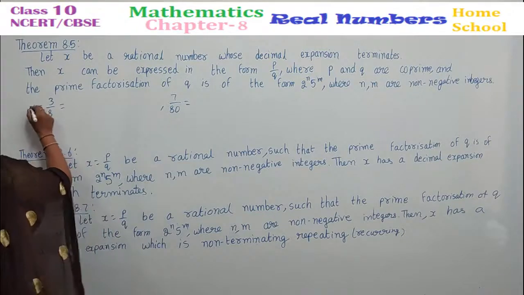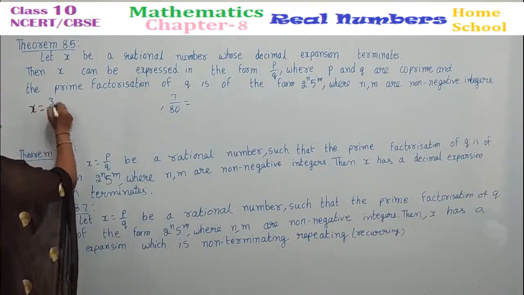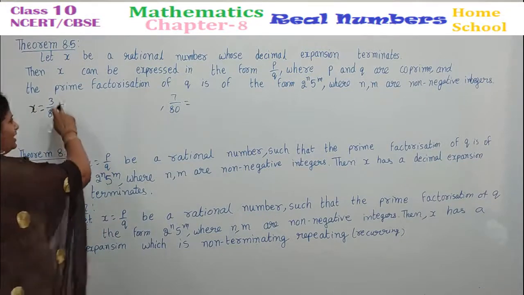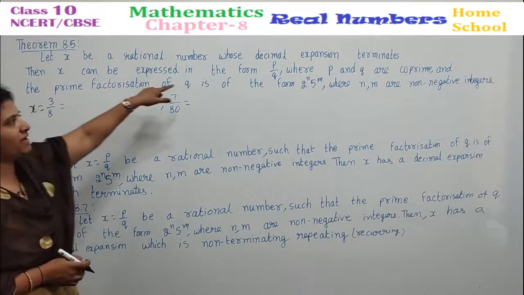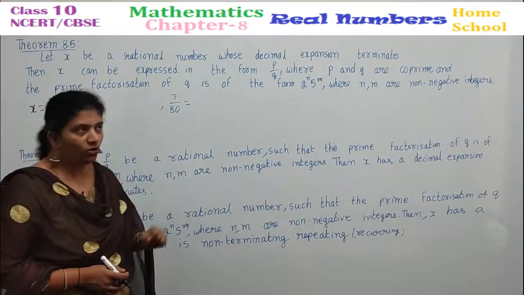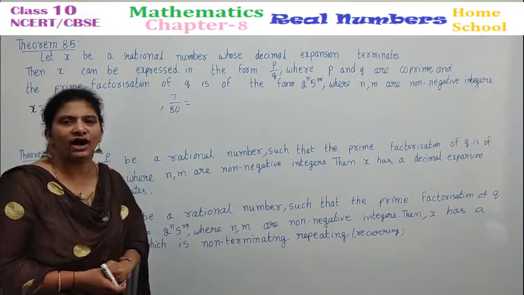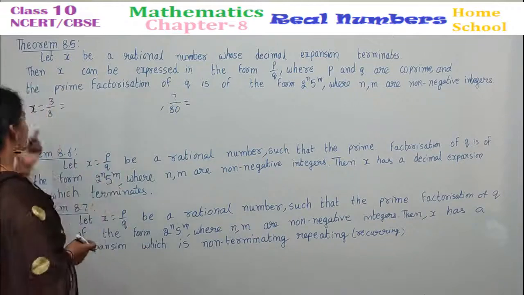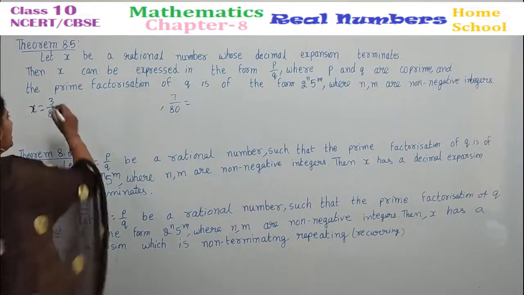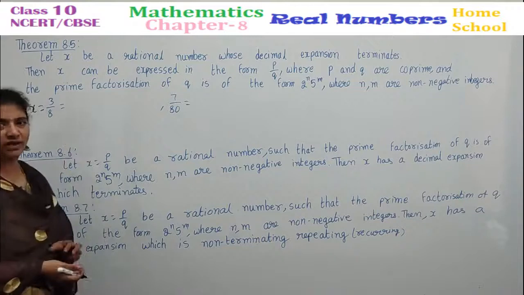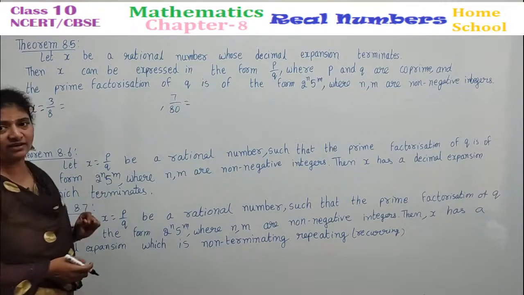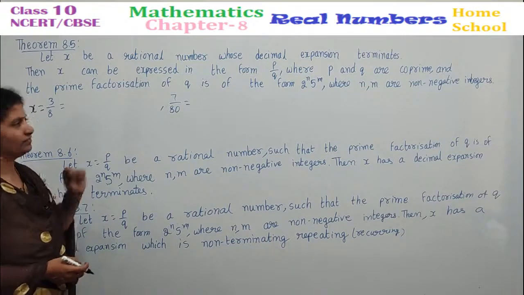Suppose let me take here x is equal to p by q. I have expressed, children, it is 3 by 8. x can be expressed in the form p by q where p and q are co-primes. Let us see whether they are co-primes or not. Yes, 3 and 8 are co-primes. Why? There is no common factor other than 1.